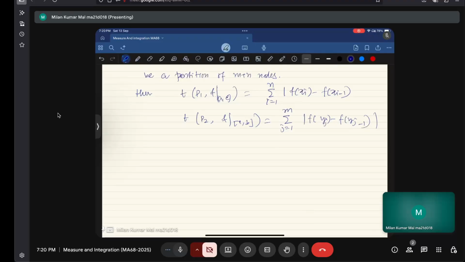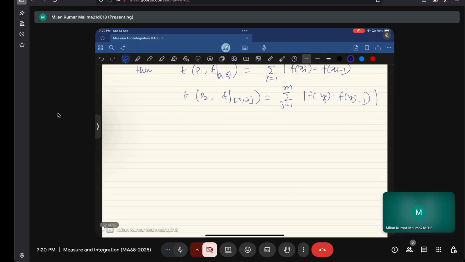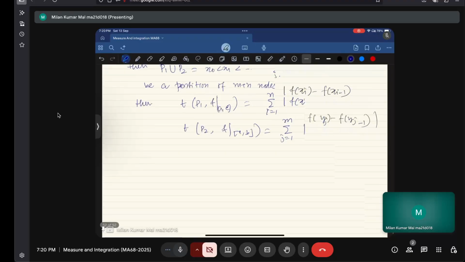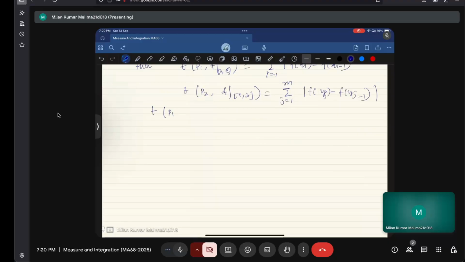Okay, this is what we have. Also T(P1 ∪ P2, f) is equal to T(P1, f restricted to [a, c]) plus T(P2, f restricted to [c, b]). Okay, this is what we have.